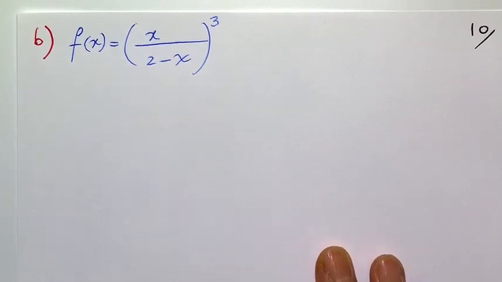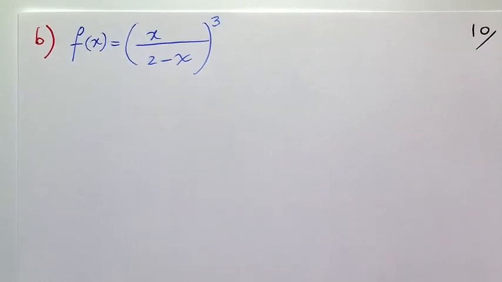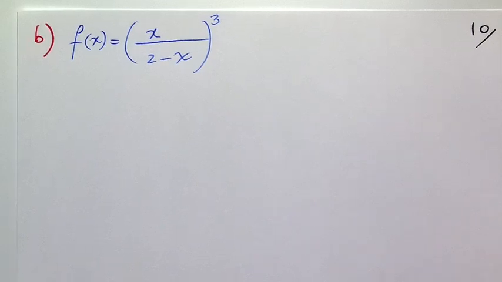This time we want to rewrite this function as a power series, and also we want to find the radius of convergence. So go ahead and attempt this on a piece of scratch paper, and then look back at the video and see how your solution agrees or is different from this one.